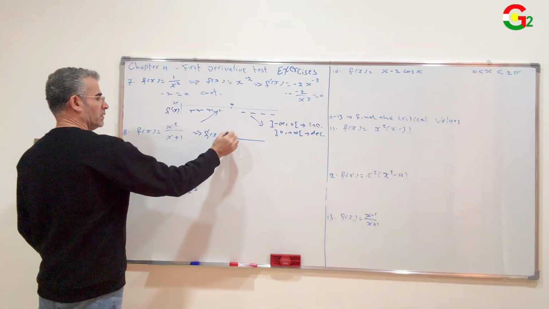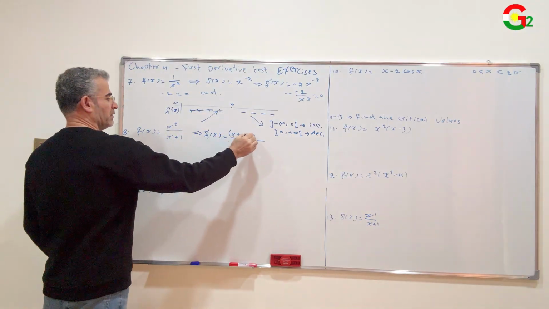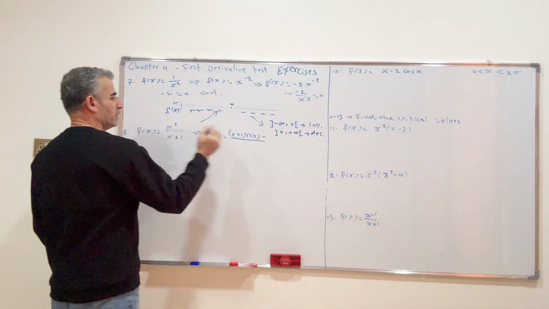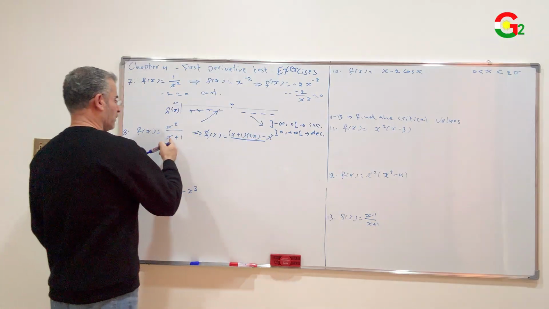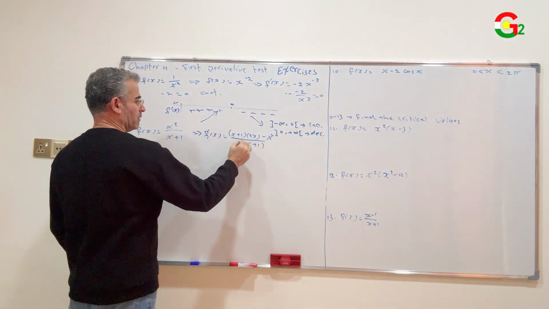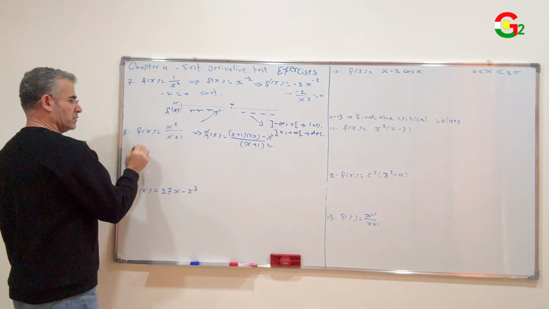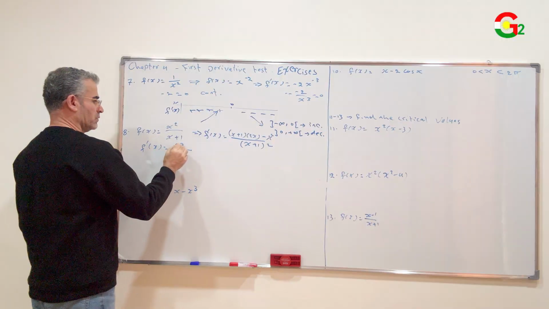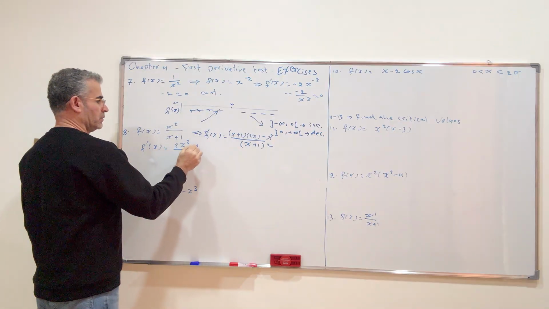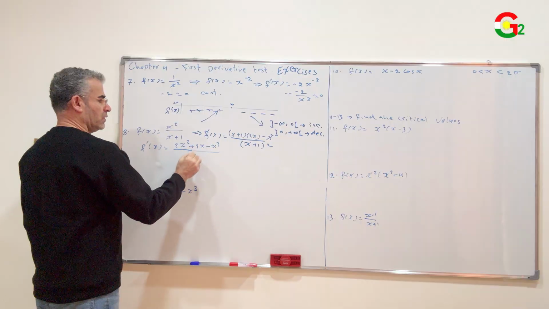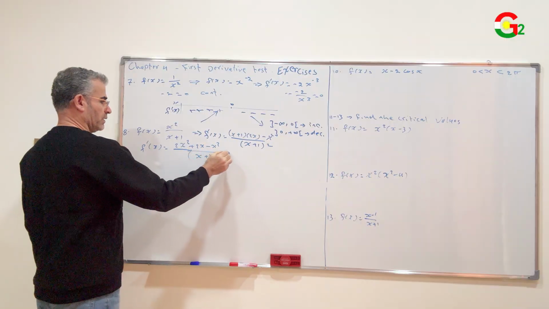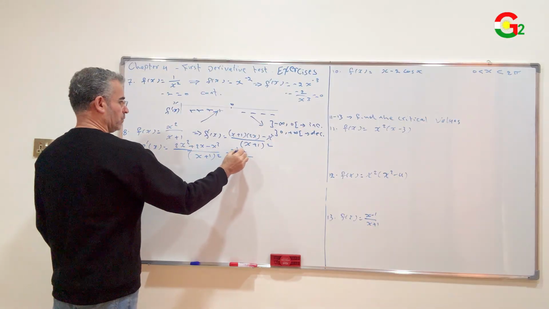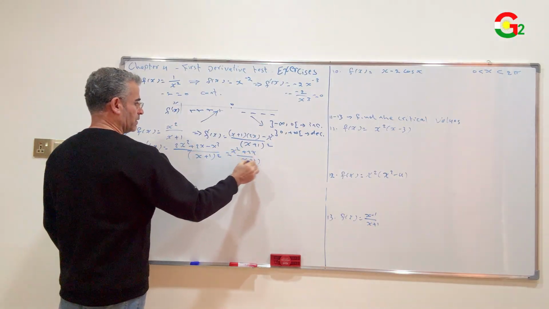The denominator, x plus 1, times the derivative of the numerator, 2x, minus the numerator times the derivative of the denominator, 1, over the denominator squared. Simplify: 2x times x is 2x power 2, 2x times 1 is 2x, minus x power 2, over x plus 1 squared, equals 2x power 2 minus x power 2, which is x power 2 plus 2x, over x plus 1 squared.